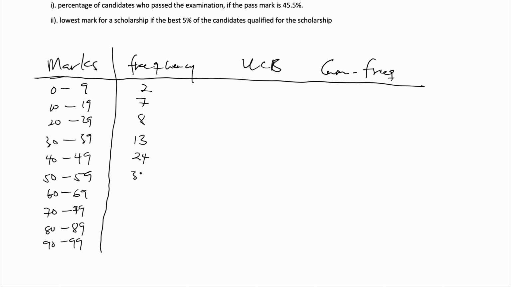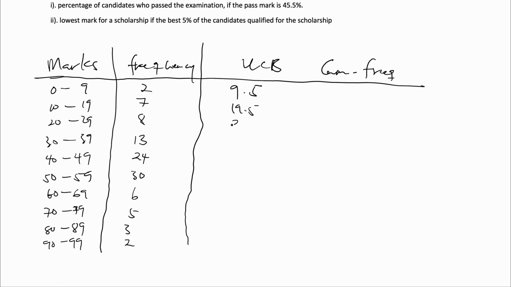So we are moving on to the upper class boundary. To find the upper class boundary, we add 0.5 to the upper class limit, which is 9. So we have 9.5. We do the same for 10 to 19. 19 is our upper class limit, so we add 0.5 to 19, we have 19.5.